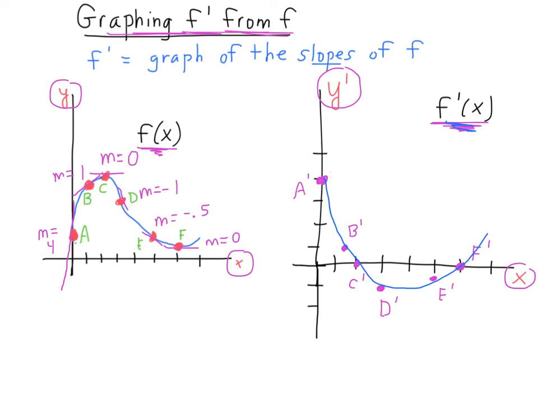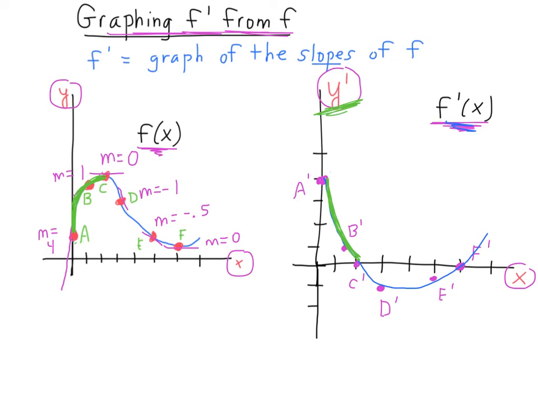If we were to go back and generalize here a little bit, notice how the first portion of the graph is rising, it's increasing. If the function is increasing, we know we're going to have positive slopes. It appears to increase all the way to point C. So notice how over here, all the way to point C, this is above the x-axis. That indicates that the slope is positive.